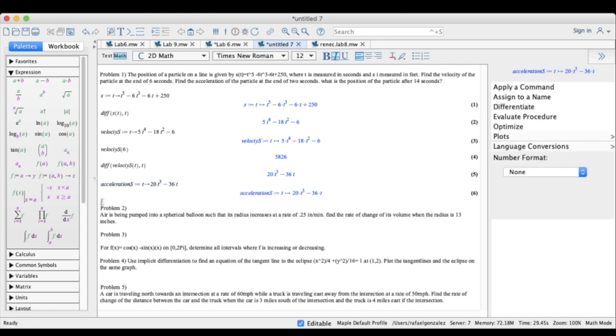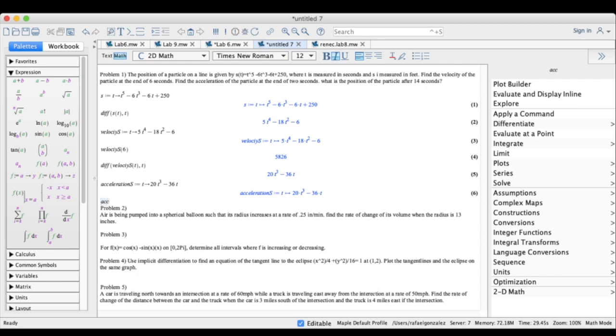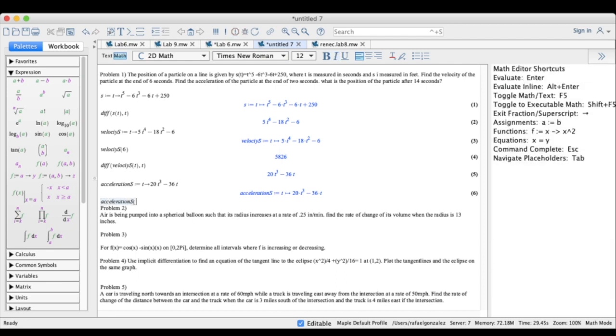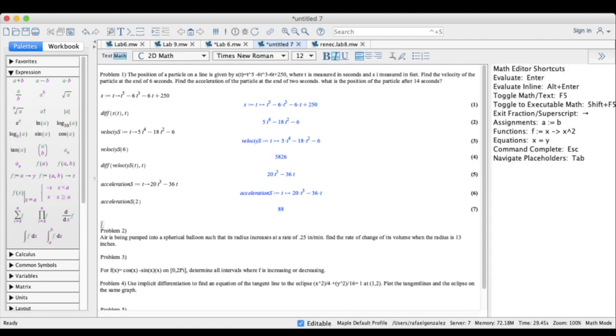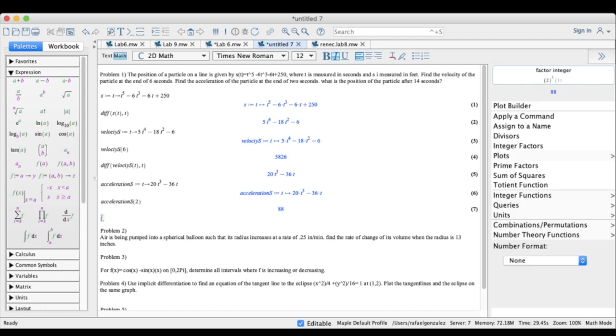And now we simply do acceleration of s after 2 seconds, and that's going to be 88. So this particle is increasing at a rate of 88 feet a second. The speed is increasing at 88 feet a second.